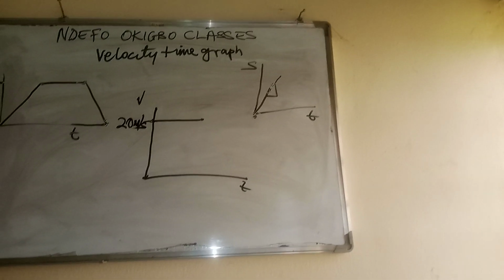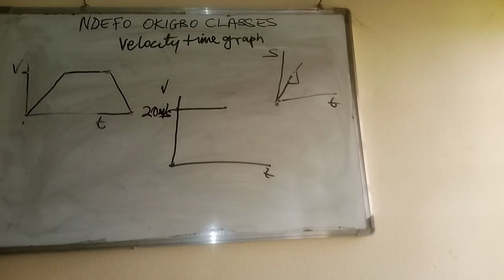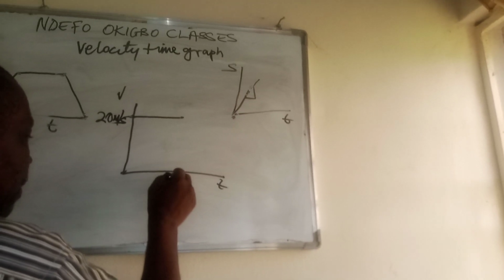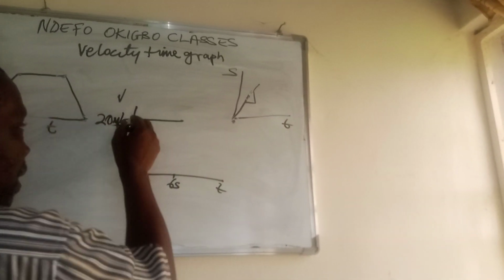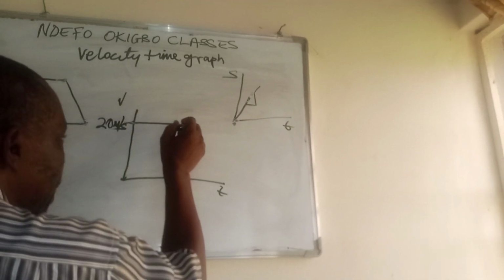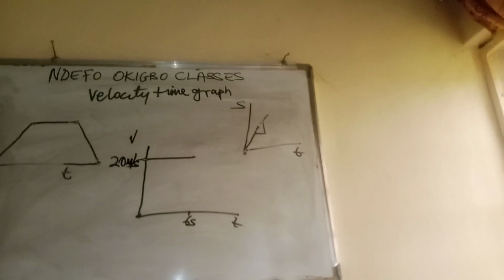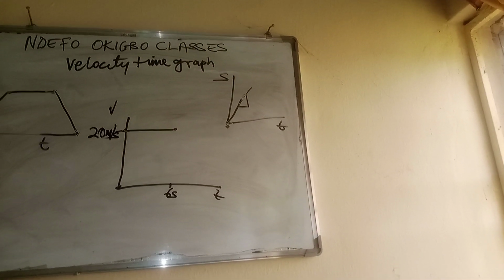The question says the vehicle moves with a uniform velocity of 20 for 6 seconds. So here is about 6 seconds. When it now gets to point 6, it then retards to rest.